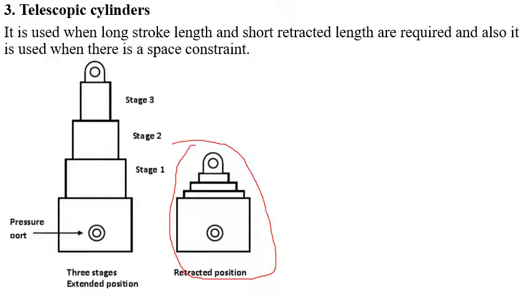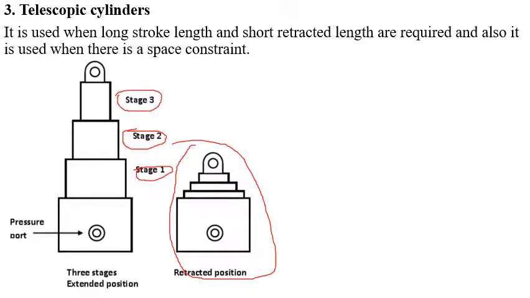See here, this telescopic cylinder has a number of sleeves. In retracted position, by its gravity force or some other mechanical means, the sleeves are compressed or retracted. When the liquid force acts on this pressure port, one by one the sleeves are extended. First, stage 1, sleeve 1 extended, next sleeve 2 or stage 2 extended, next sleeve 3 or stage 3 extended.